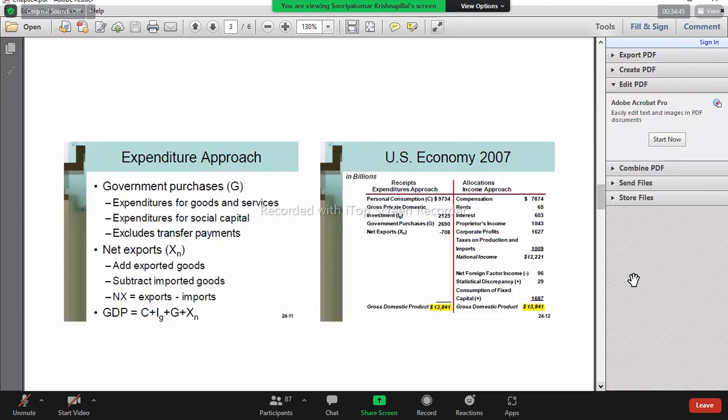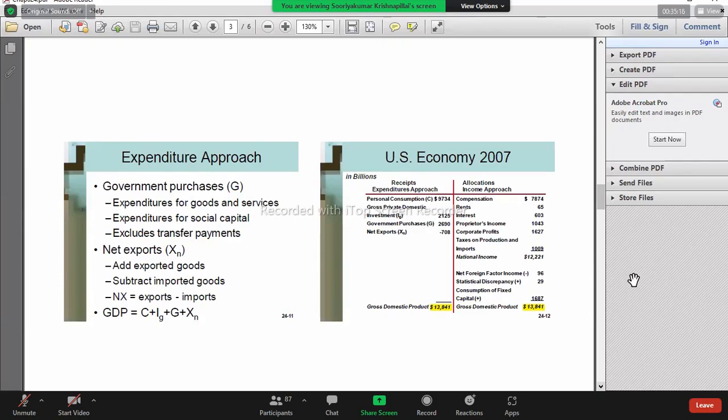So domestically produced and foreign produced goods were included in the household consumption expenditure. So by adding this net export, we deduct that import. So now the calculation only includes the value of goods and services produced within the country.